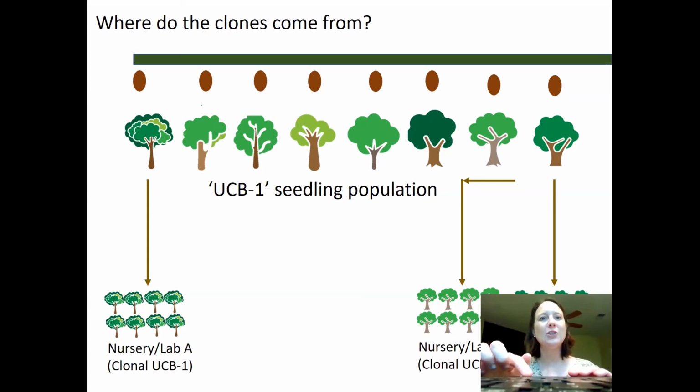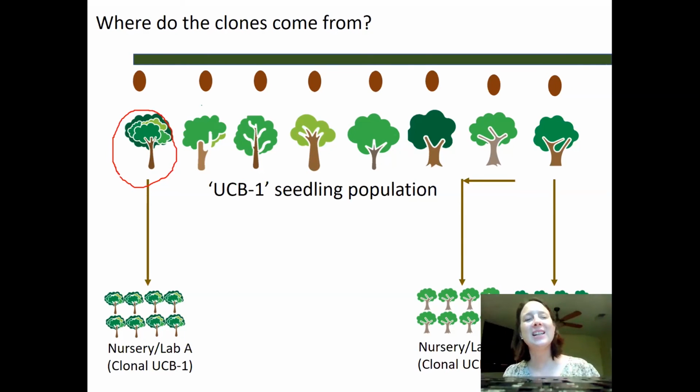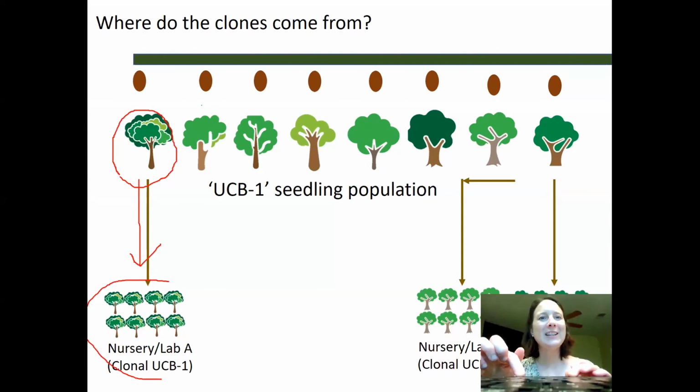Now, let's assume nursery or lab A sees this one genotype or selection and they think, gosh, this is really splendid. I'm going to propagate this UCB1 and I'm going to call it my splendid UCB1 clone. Okay? And so there's one clonal line of UCB1.